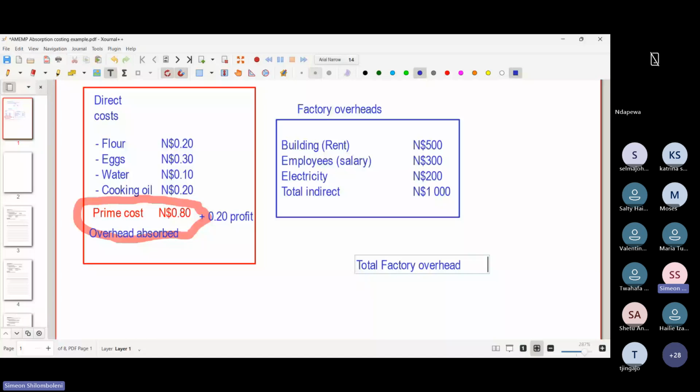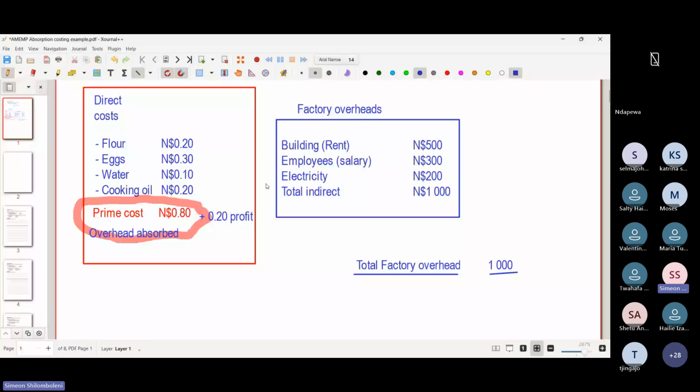Then we know that my total factory overhead is 1,000. Now, there are 3 activity levels that you are going to use, depending on what the question is asking. These cakes that you are producing, are they going to use more of labor? Are they going to use more of machines?